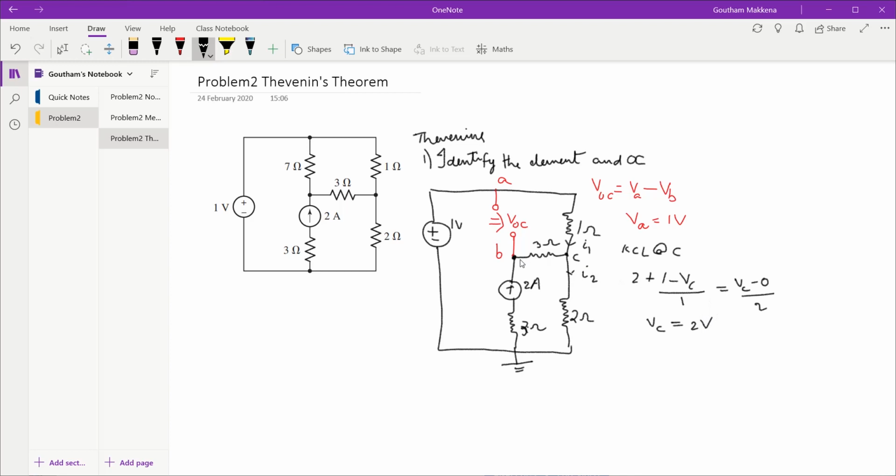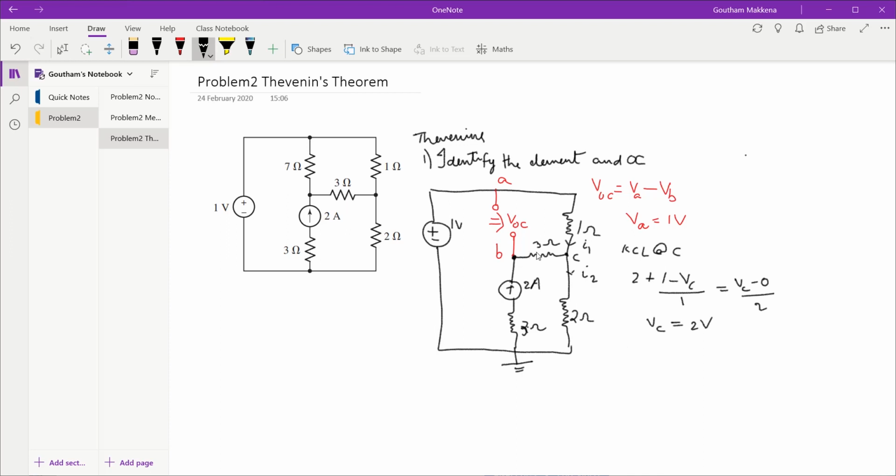Now my aim is to find VB, which would help me find VOC, which is VA minus VB. I know the current through this 3 ohm resistor is 2 amps.